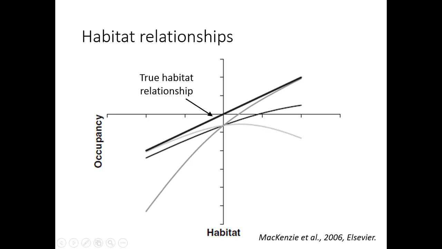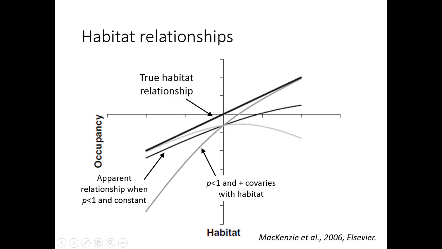The bold line is the true habitat relationship. Here is the relationship when detection is less than 1 and constant. We see more bias when detection is less than 1 and is positively correlated, and negatively correlated with the habitat covariate.